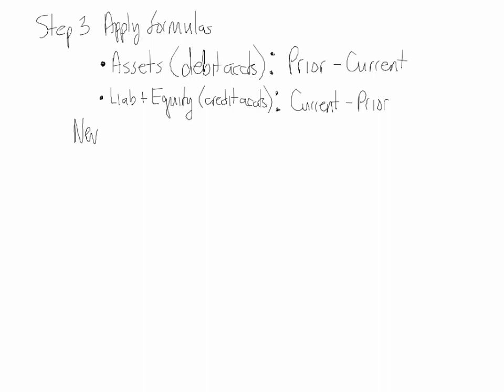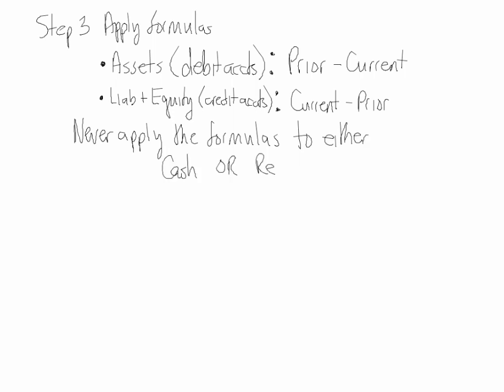We never apply the formula or formulas to either cash or retained earnings, which is pretty easy to remember because cash is always our first account and retained earnings is always our last account on the statement of financial position. So we never apply these formulas to either the first or the last accounts ever on the statement of financial position.